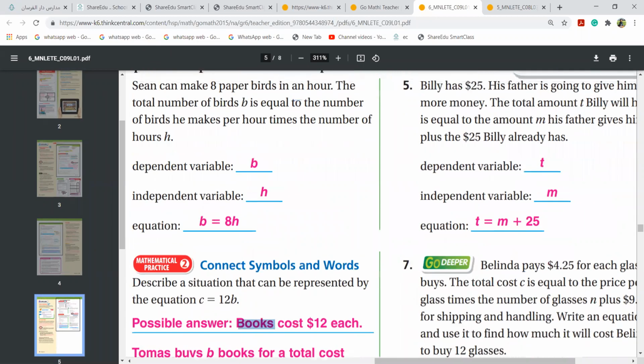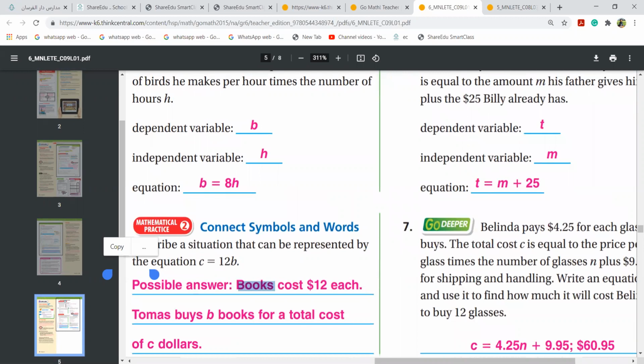After that, please write this. Books cost $12 each. Write this, and the 7th, don't do it. Miss, we also write the sentence? Yes.